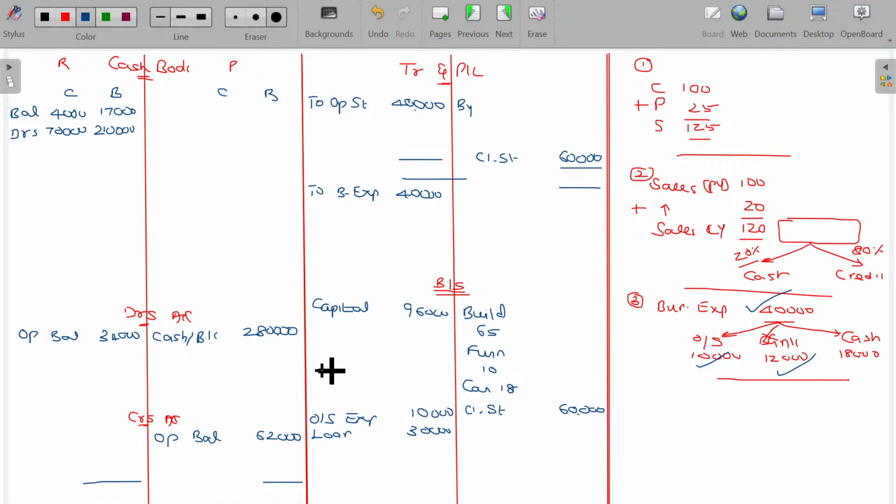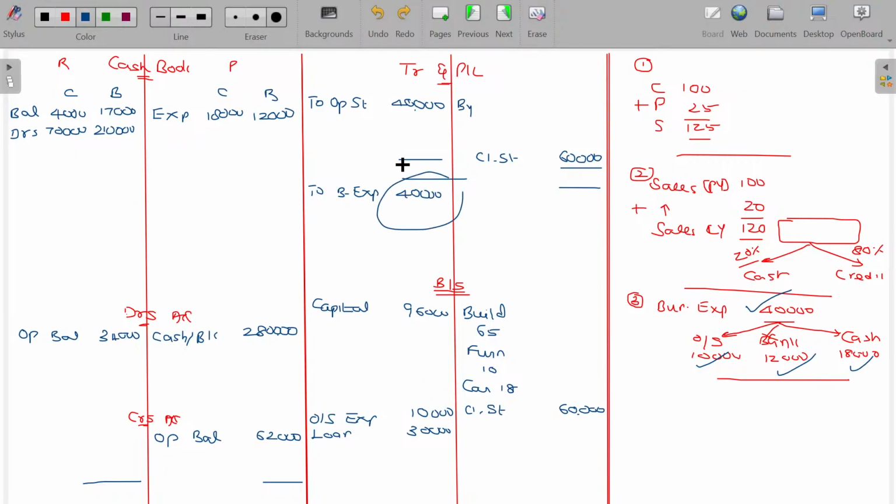Out of that, payment 12,000 rupees by way of bank, 18,000 by way of cash. Cross verify. This 40,000 is the debit balance. 18 plus 12 credit. Liability side also credit, 40. Debit side we posted 40. Credit side also we posted 40. You have to cross verify this always.